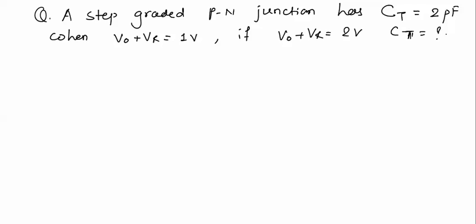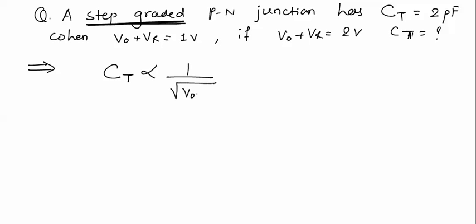We have to calculate transition capacitance Ct. In this question, we can see that the diode is step graded. If the diode is step graded, then for this diode Ct will be inversely proportional to (V0 plus Vr) raised to power 1 by 2, or Ct is inversely proportional to root of V0 plus Vr.